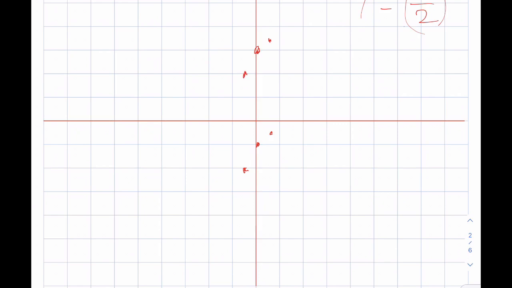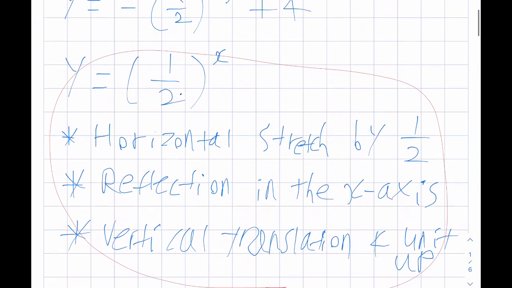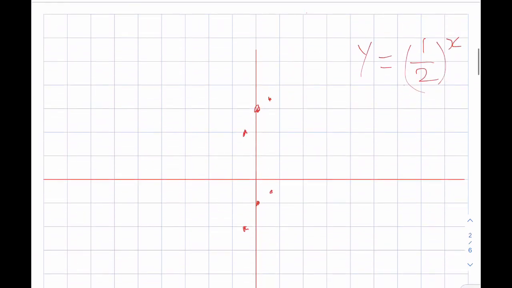And our horizontal asymptote will be y is equal to 4, because we had a plus 4 at the end, which is our horizontal asymptote. So it will be y is equal to 4, right here.